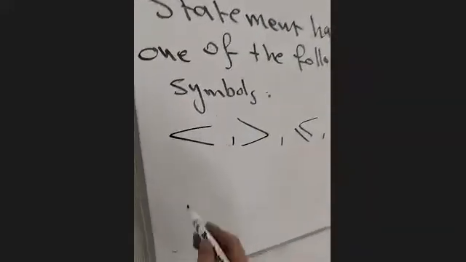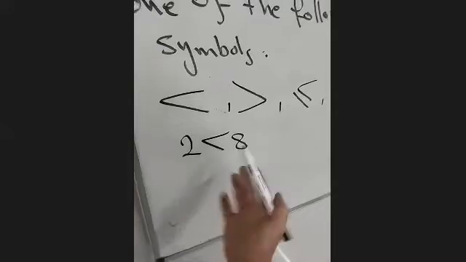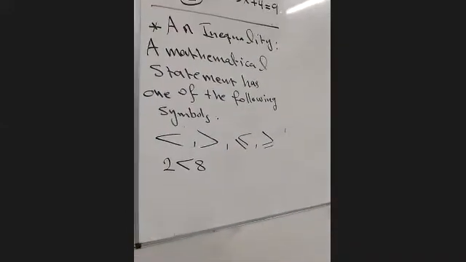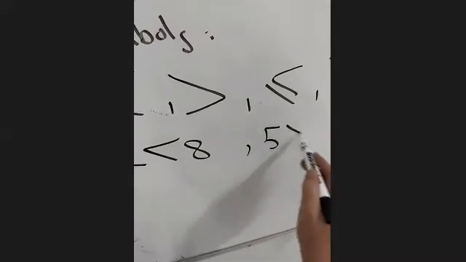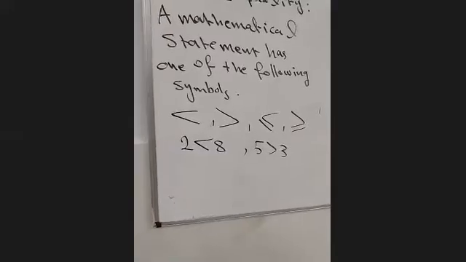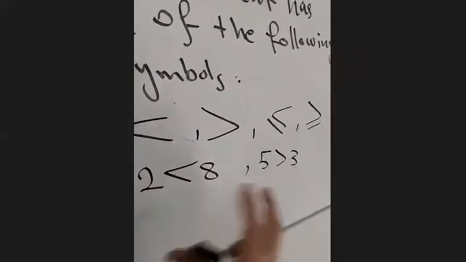For example, you know that 2 is less than 8, grade 3 or 2 maybe. You know that 5 is more than 3. But we won't compare between numbers; we have had enough of comparing between numbers.